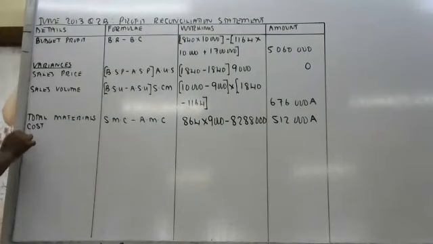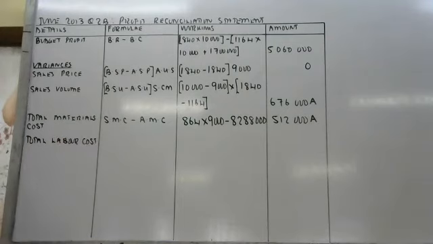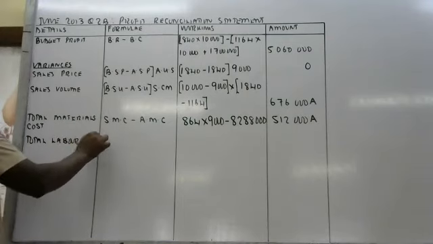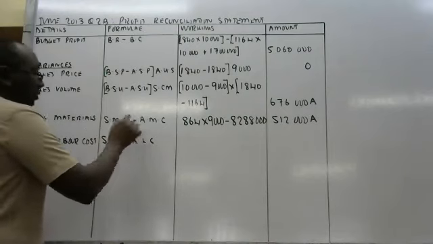The next one is total labor costs. Total labor cost is standard labor cost minus actual labor cost.